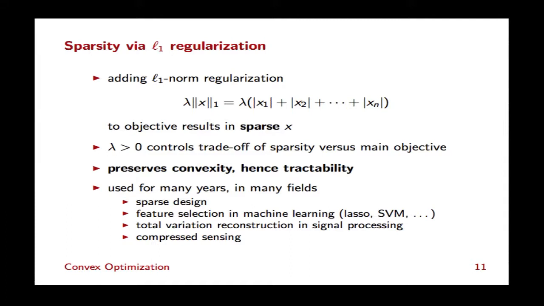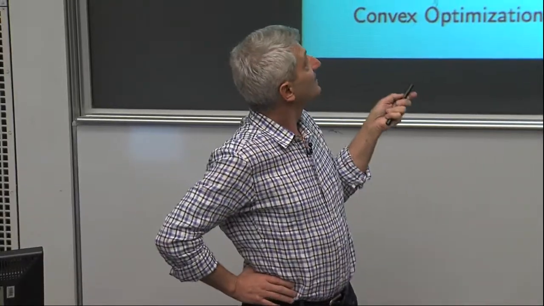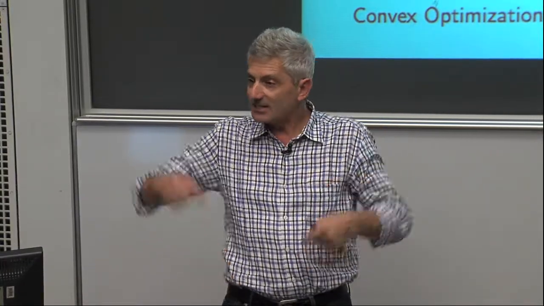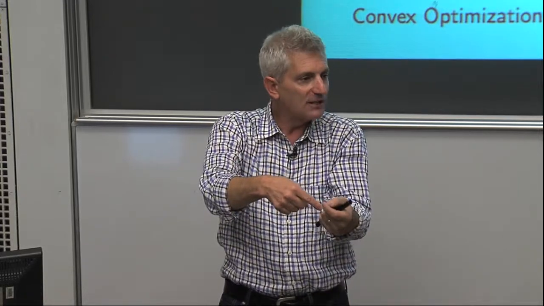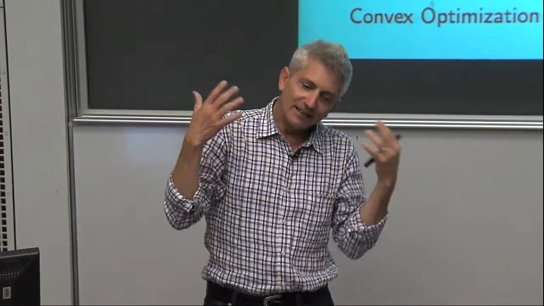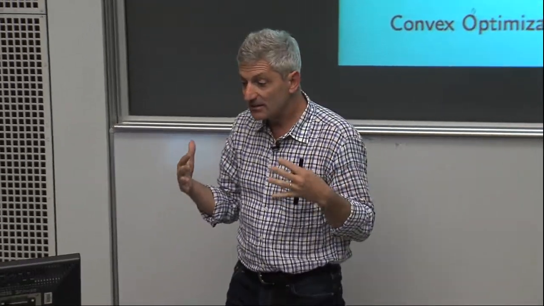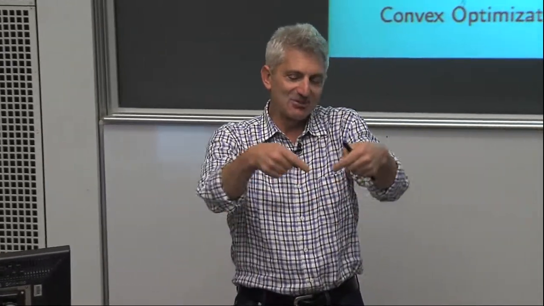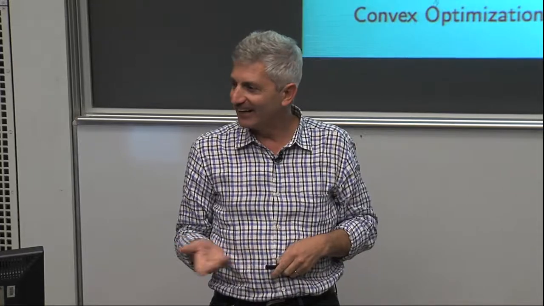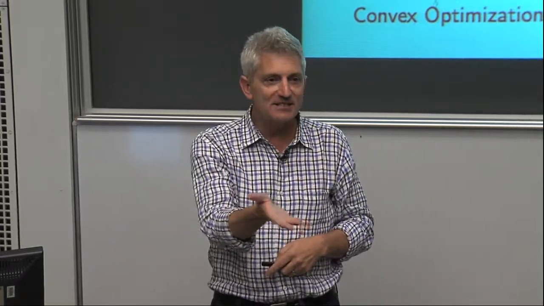Now, what this does is it preserves convexity and therefore tractability. But notice that why this would not have been done in 1930 is that this is not differentiable. Obviously, absolute value has a point at the bottom, right? And you can imagine all sorts of arguments. They're incorrect, but here would be one. You'd say, it's absolute value, it's differentiable everywhere except at 0.